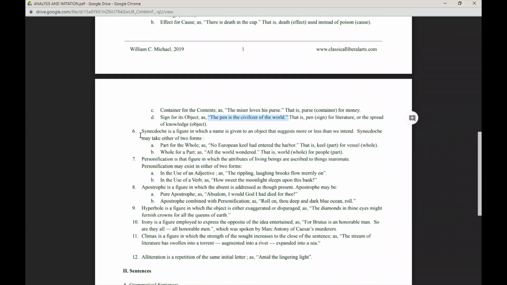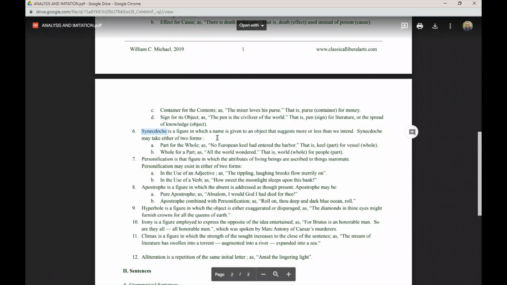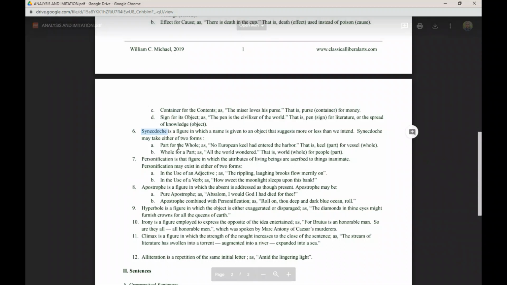Sixth, synecdoche. Synecdoche is a figure in which a name is given to an object that suggests more or less than we intend. And there are 2 different kinds of synecdoche.